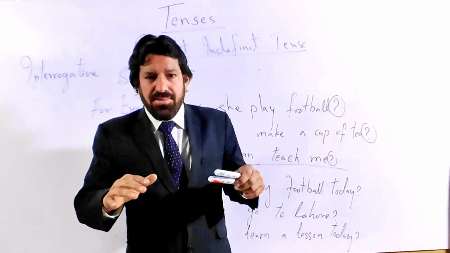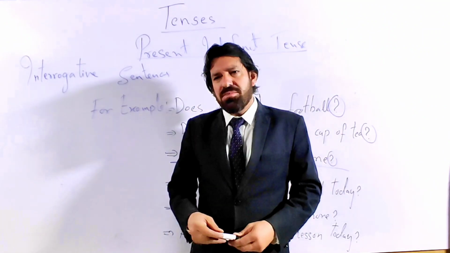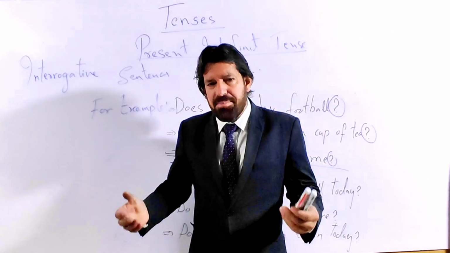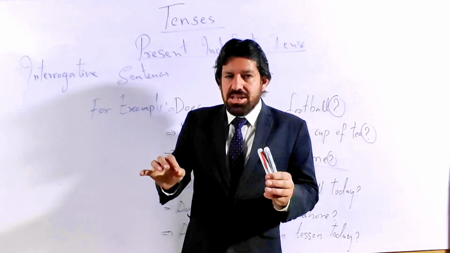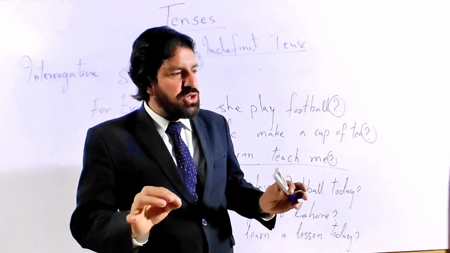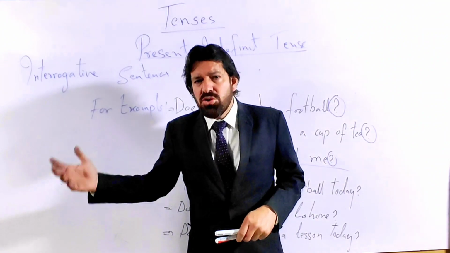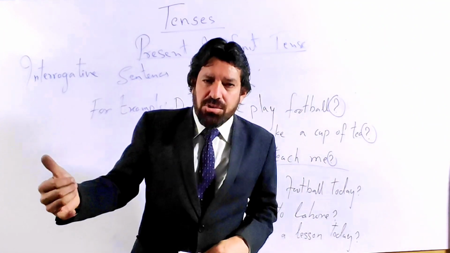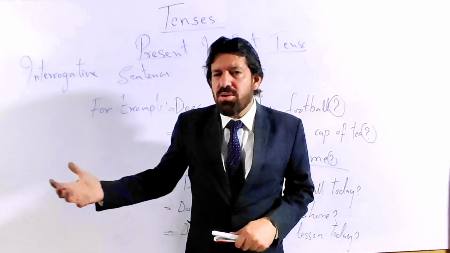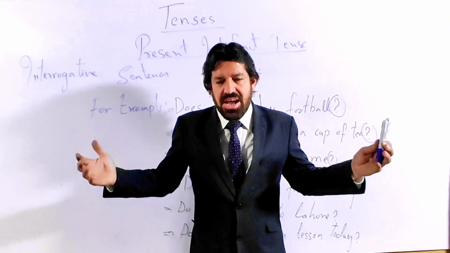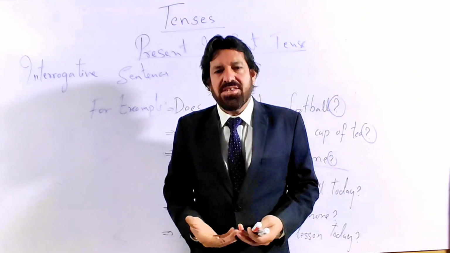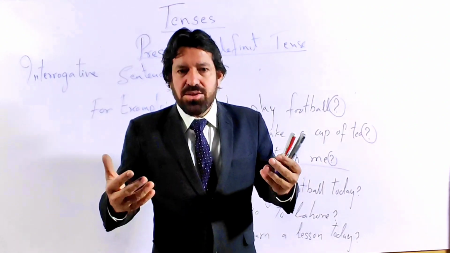Whatever you are asking somebody, like most often wives do, asking their husbands: why are you coming late from office, what are you doing at office, where are you? I called you at 10 o'clock but you were busy. To whom were you talking? Such types of questions are called interrogative sentences.